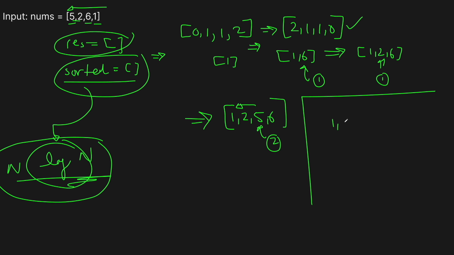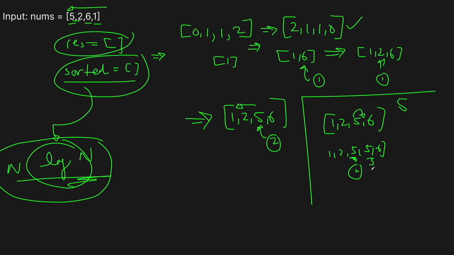But say our array looks like 1, 2, 5, 6. Oh, sorry, 2, 5, 5, 6. And we want to insert a 5 into here. Technically, we could insert it after the 5, but the correct one is actually to insert it at the second index, not the third index.